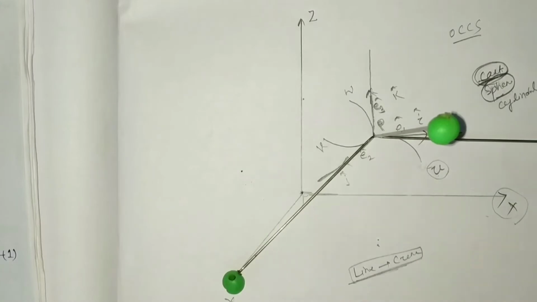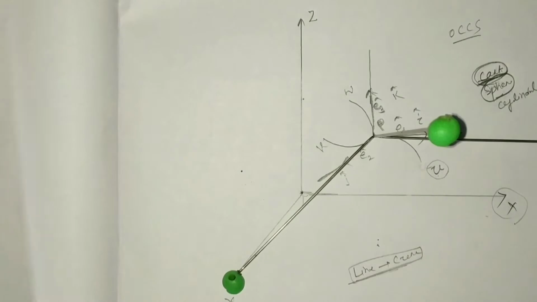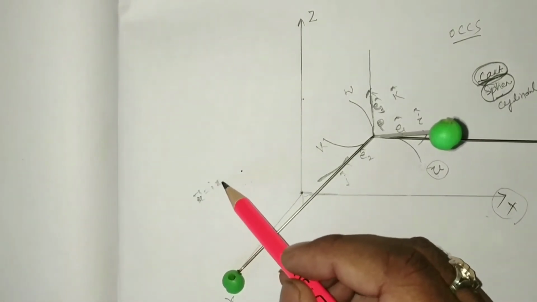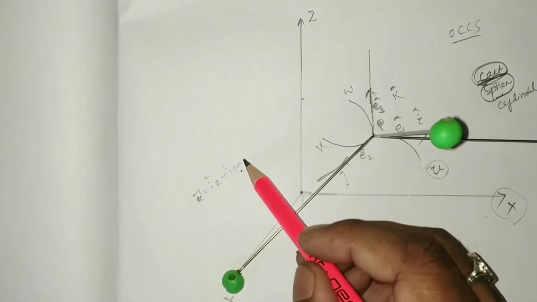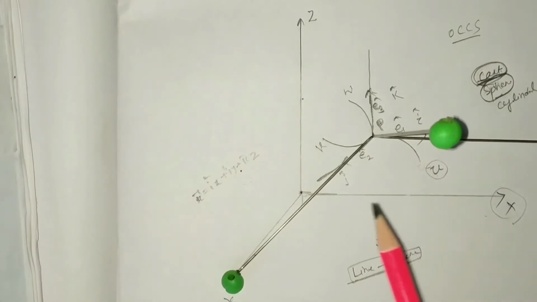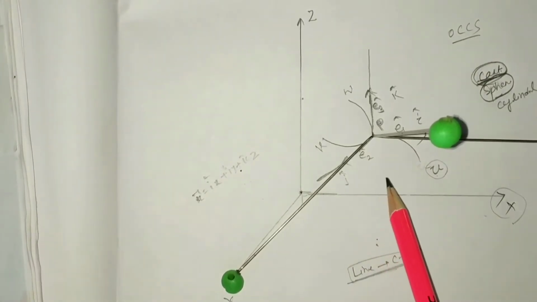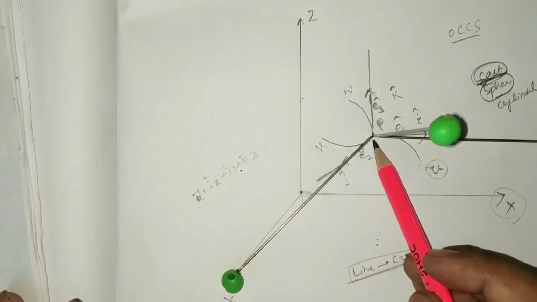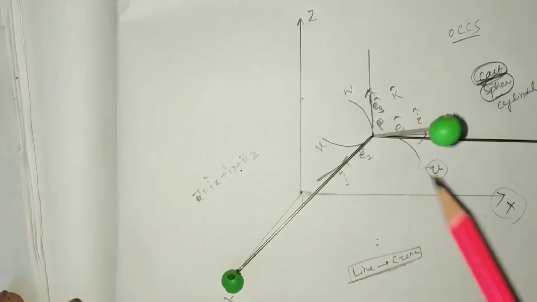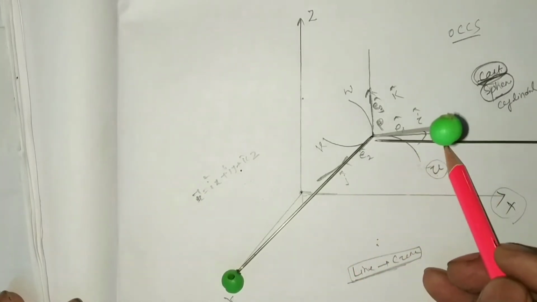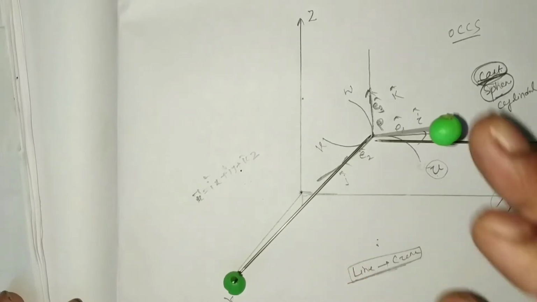R equal to, we know this one, R will be equal to i cap x plus j cap y plus k cap z, right? So here one thing we have concluded that even in Cartesian coordinate system also a point is represented by intersection of three curves. Here one curve, this is another curve, and this is another curve.